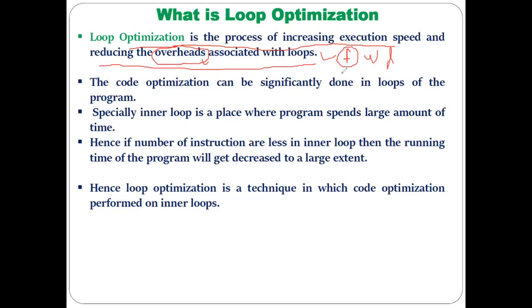Understood? Because of that unnecessary looping and unnecessary iteration, the speed of the program gets reduced, and the space required also gets consumed more. So those unnecessary iterations and unnecessary loops are considered an overhead in that program.